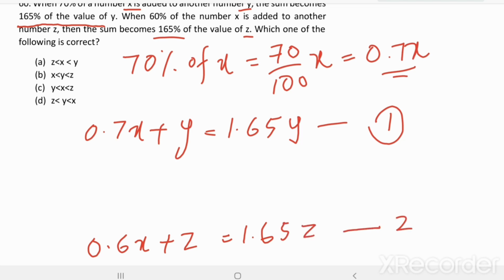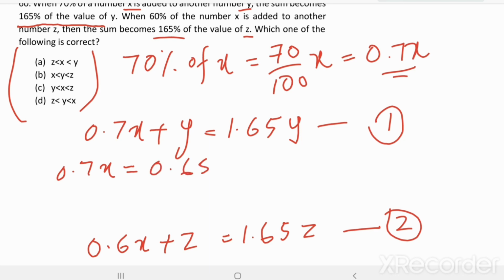This is equation 2. Then which of the following is correct? So from 1, 0.7x equals 0.65y. From here it is clear that y is greater than x, or this implies x equals 0.65 divided by 0.7 y.